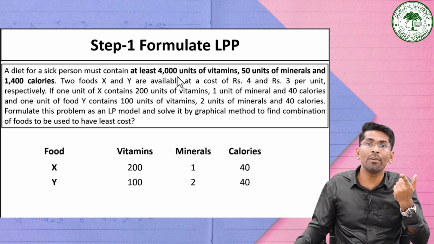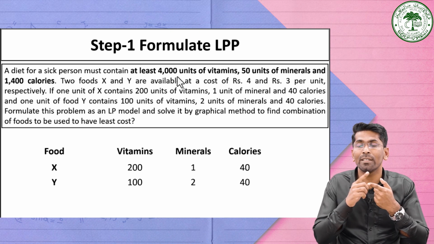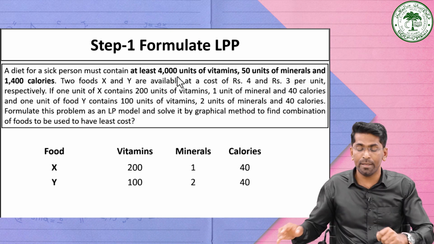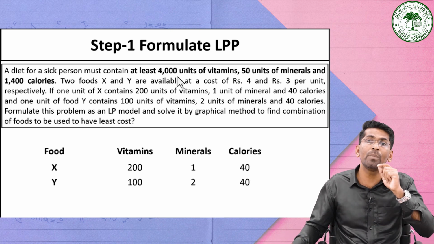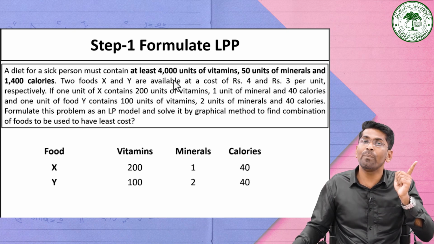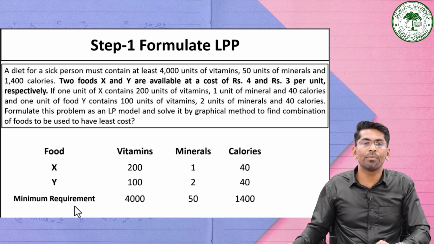As against the profit maximization problem, where the constraint sign was less than or equal to, here it will be greater than or equal to because it is a minimum requirement. So minimum it should be 4000 and it may be greater than 4000 as well. So I am going to write here the minimum requirement: vitamin 4000, mineral 50 and calories 1400.